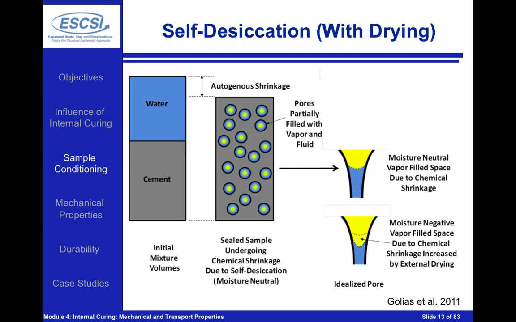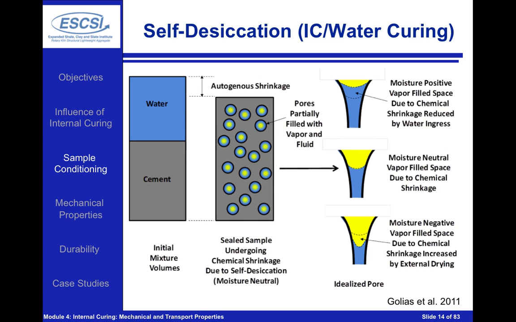Now, if that system were to dry out more, let's say by external drying, additional water will be lost, and that will lead to a higher pressure inside of the fluid and a sharper meniscus inside of the fluid. However, if we were to provide additional water, we would reduce that meniscus. We would start to get the pores much more filled, and we would reduce the stresses inside of the fluid inside of the system.